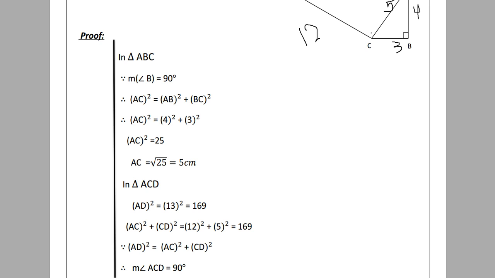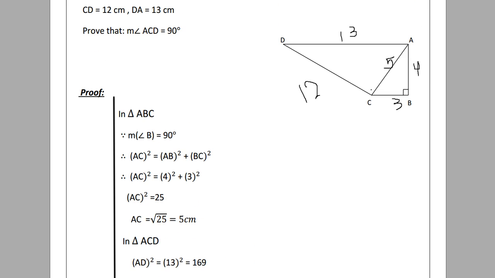So the measure of angle ACD is the right angle because it is the opposite angle to the greatest side. In this example, the triangle ACD, we have the three side lengths, and one of them squared equals the other side squared plus the third side squared. They have the same value.